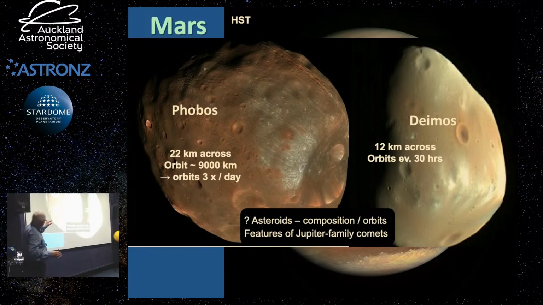And the properties on Phobos' surface are more in keeping with these Jupiter family comets, so I think most likely that's where they came from. And there's actually speculation that the 2 once joined together as a bilobular object, as one comet, and as it got close to Mars, it got captured and also just pulled apart. The 2 lobes got pulled apart. So that's the current thinking of how Mars got its 2 moons.